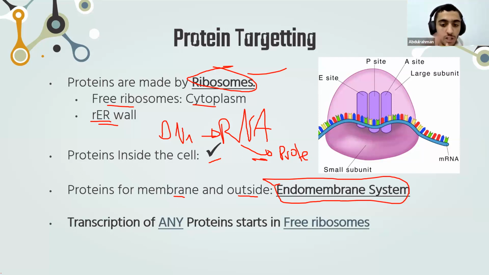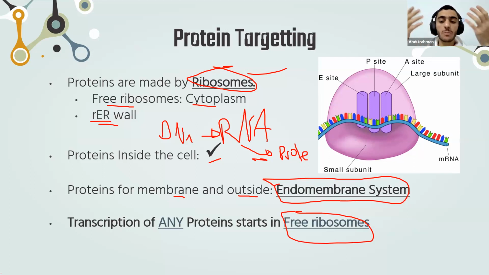One last final point: you see how we have free ribosomes and the ones on the endoplasmic reticulum wall? Whenever any protein is to be made, it always starts on the free ribosomes. You might ask yourself, if it starts on the free ribosomes, why is the rough endoplasmic reticulum there?